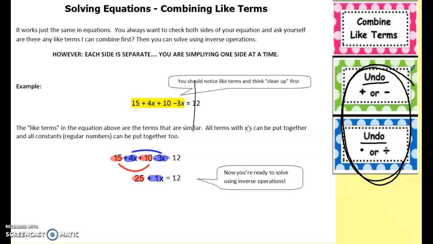When you're combining like terms, and when we get into more steps with the equations, we are just looking at the operations on that side. In this example, we rewrote it, but you're really ignoring the equals 12. We're not doing anything with that until we're ready to solve, until we get down to these steps right here. You're using the signs and symbols how you see them and cleaning up one side.